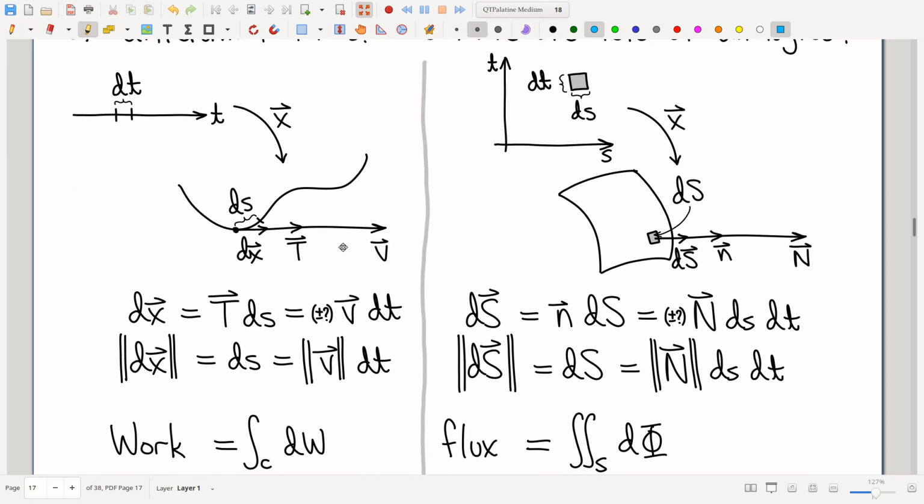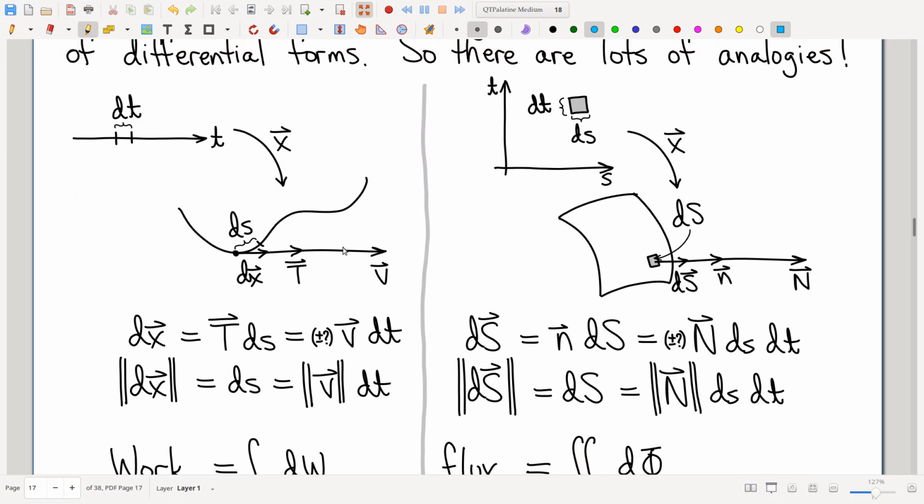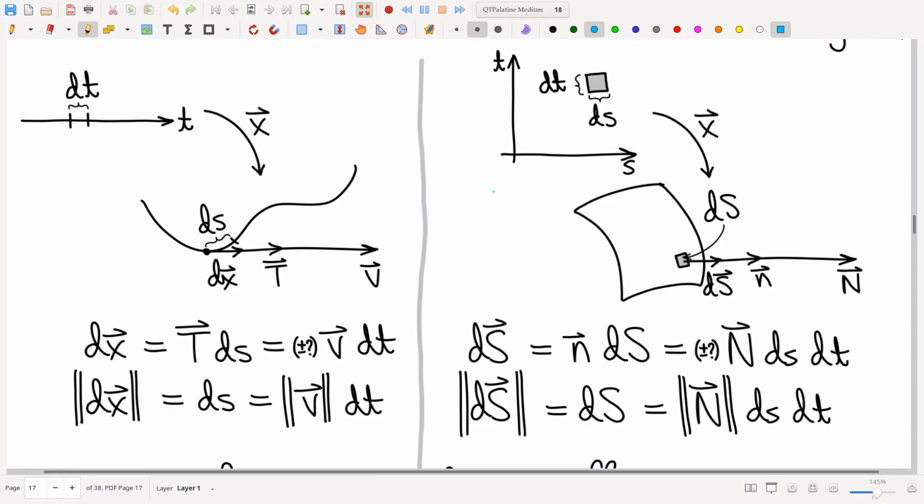So summarizing, let me zoom a little bit here. Here we go. Everything that I have on the screen here is old news. There's nothing new on the screen. All these formulas we've written down previously. When you want to talk about line integrals, you parameterize the curve.